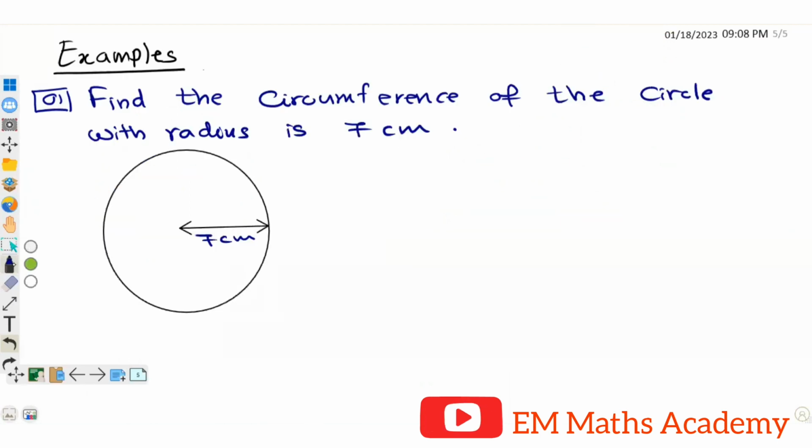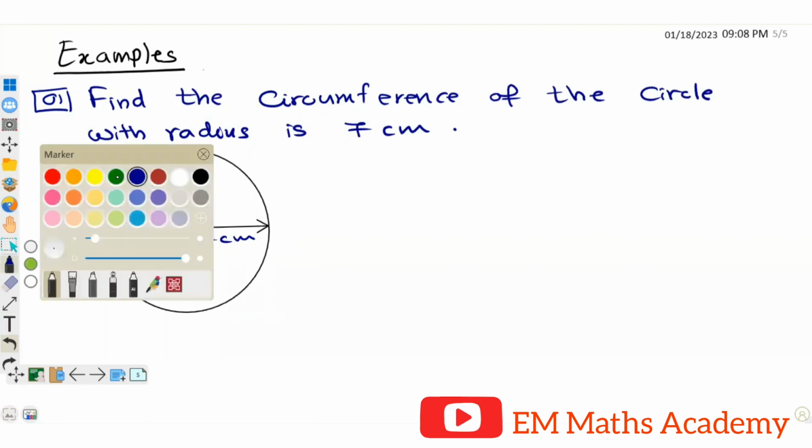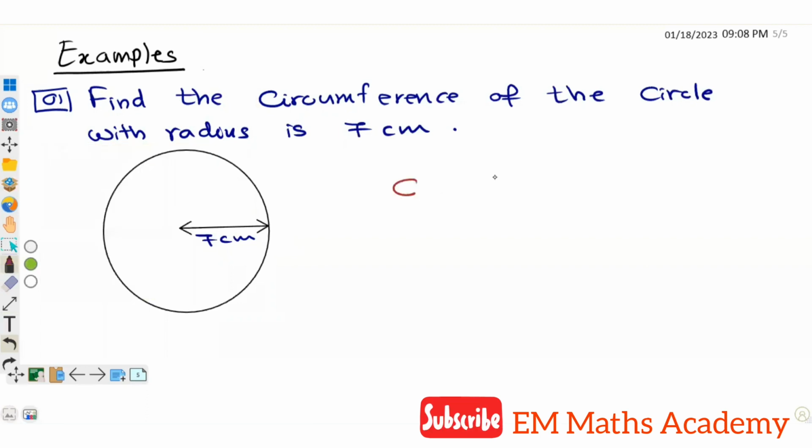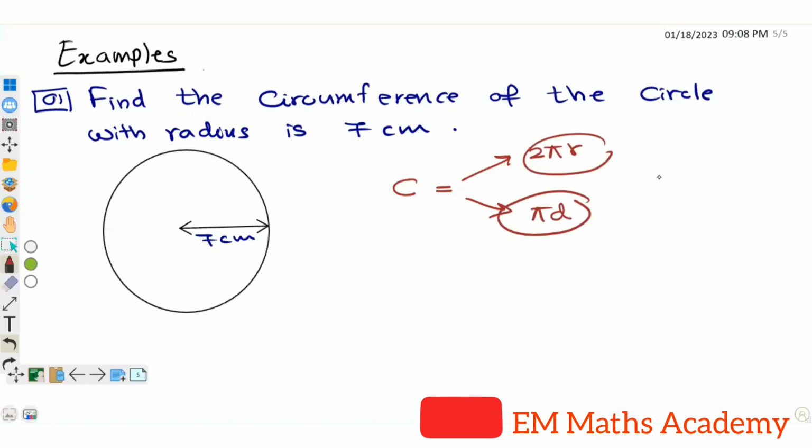Centimeters. Then what is the formula that we apply? It is C equals, whether it is 2 pi R or whether it is pi D. How do we identify either this or this? What is the suitable formula? Yes, Tashiana?